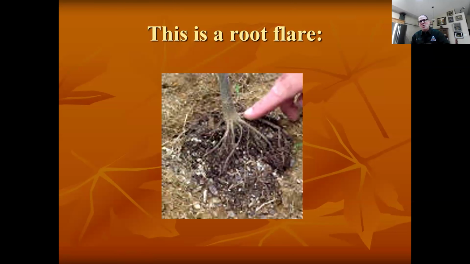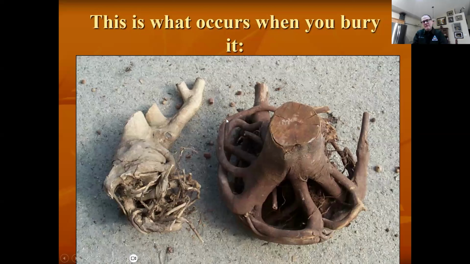And the biggest heartache with this is it usually occurs 10 to 12 years after the trees have been planted, and then you've got to cut the tree down and start all over again. So again, right here should be your grade. Right here should have been grade. The roots grow up and around.